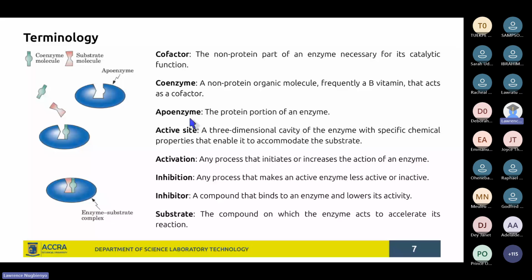Now, what is an active site? We're referring to enzymes as mostly proteins. Of course, you do have some RNAs also acting. All of these are biomolecules. And you know that if you say an enzyme is a protein, the protein can be large, consisting of lots of amino acids.